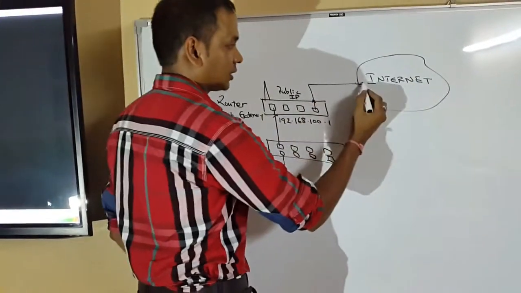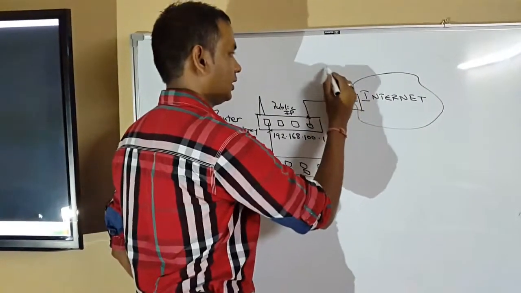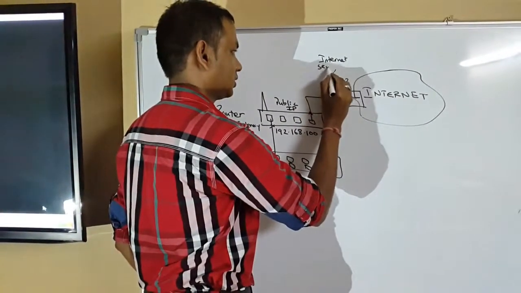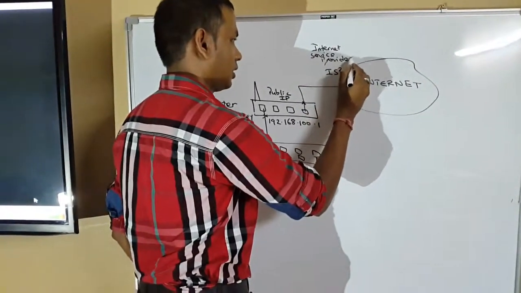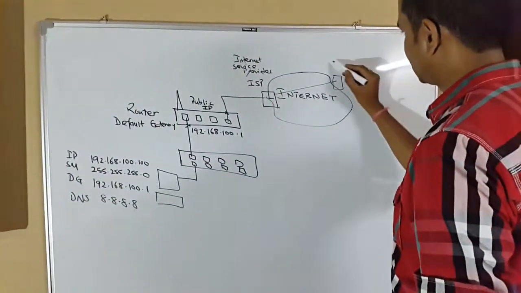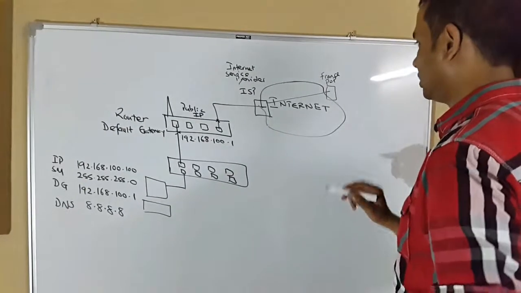My router is connected to my ISP, which is the Internet Service Provider. My ISP is connected, for example, here in France, France point of presence.